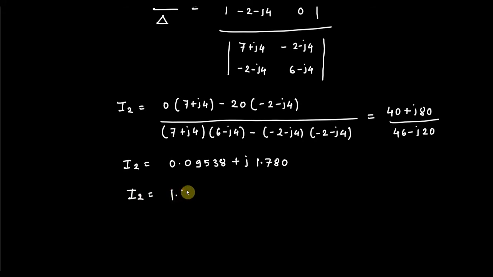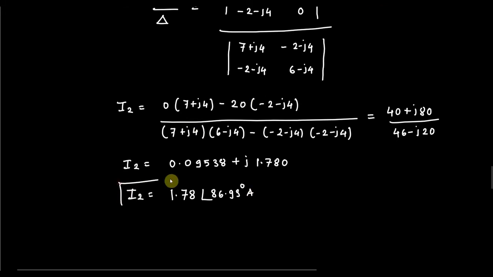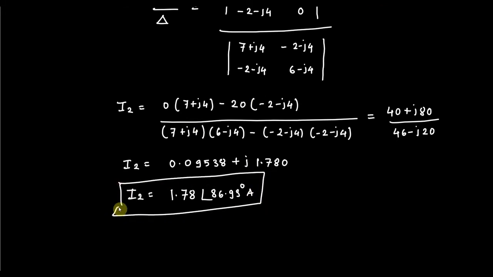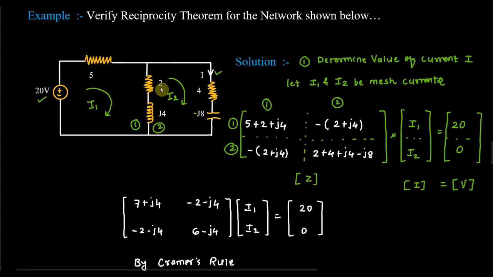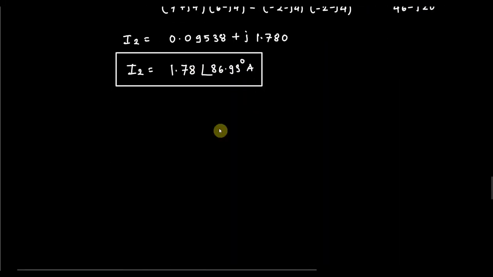So the polar answer is 1.78 at an angle 86.93 degree ampere. So in that way, you got the value of I2. But our aim is to get the value of I. And if you see the network, your I2 is same as I.